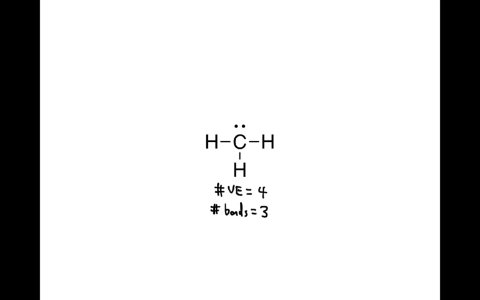We count 3 bonds around carbon, and the number of lone pair electrons is 2. So formal charge is equal to 4 minus 3 minus 2, which is equal to negative 1. So we're going to write a minus and a circle right next to carbon.